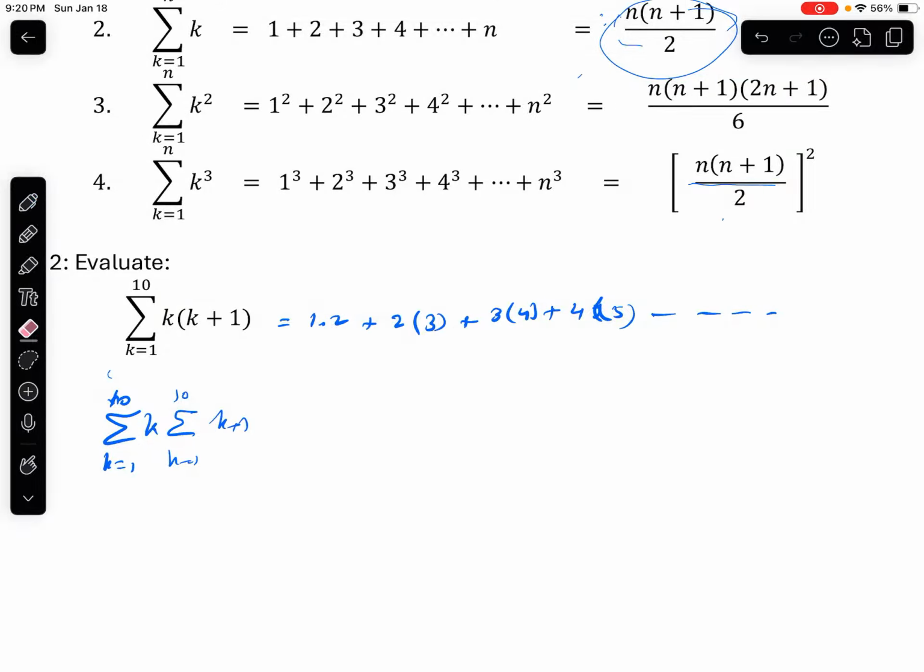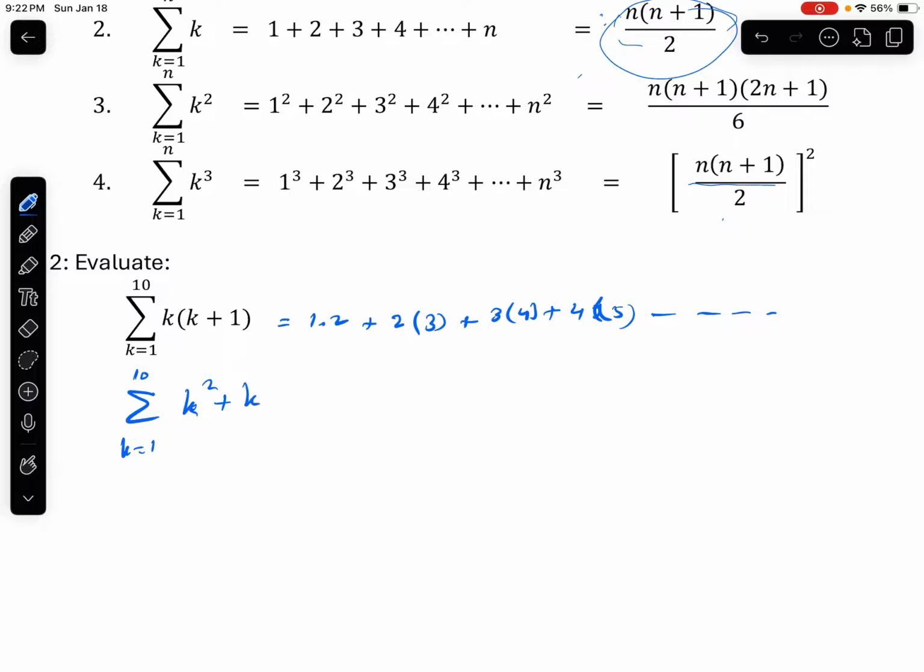So what else can we do? We will distribute. So k times k plus 1 can be written as the summation of k equals 1 to 10 of k squared plus k.